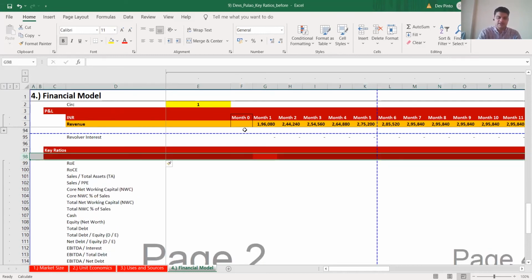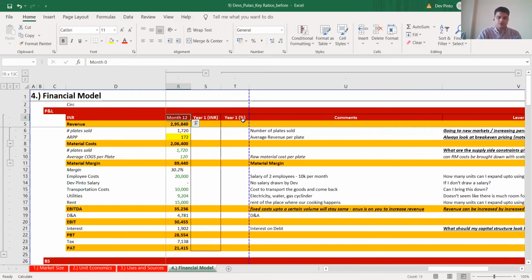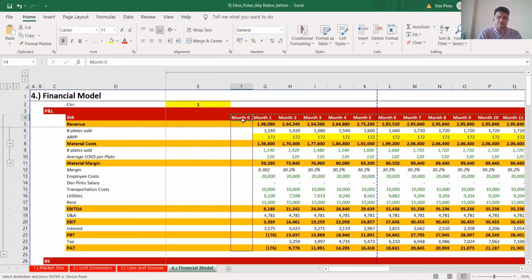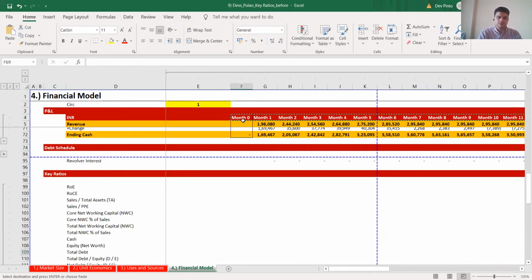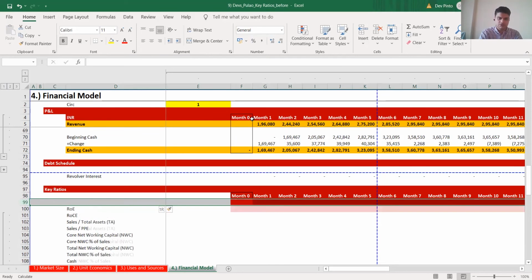Let's just add this month, month 12. Okay, let's just add a few more ratios. 1, 2, 3.